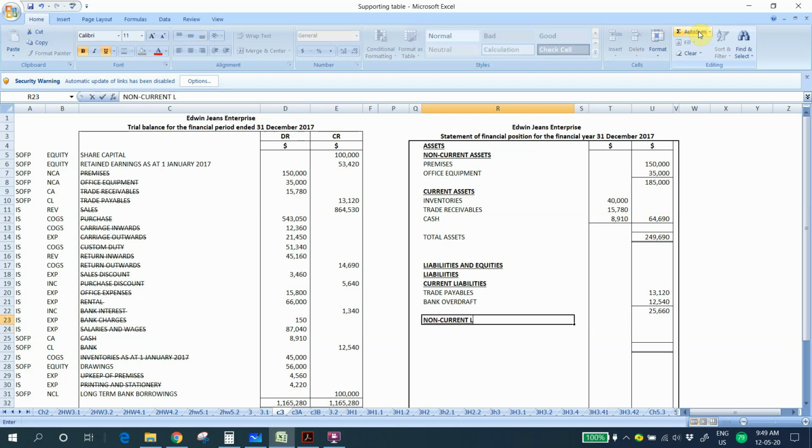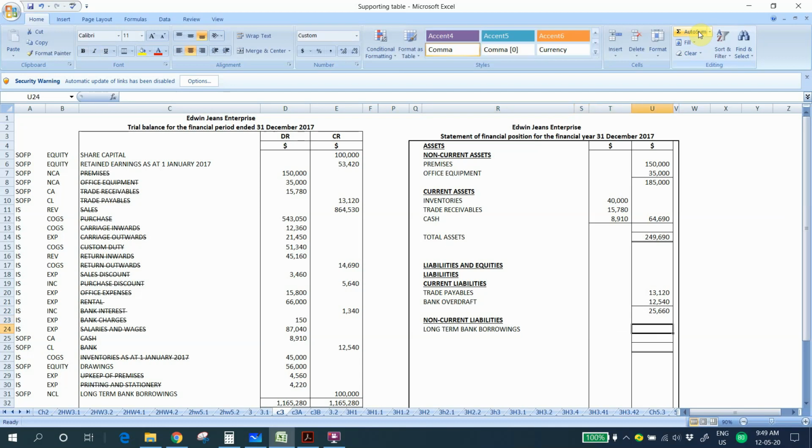Next, we record the non-current liabilities of the company. So we have long-term bank borrowing. Long-term bank borrowing means that you will make payment for this amount more than a year, so we classify it as non-current.